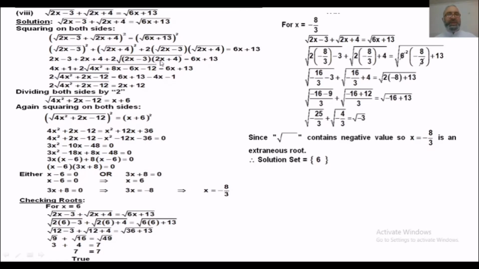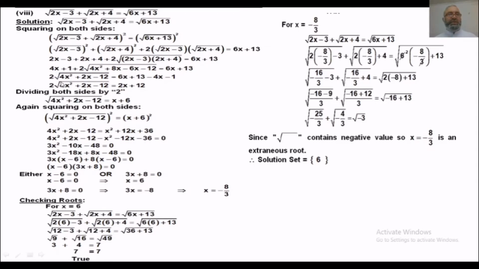Next we get 2x plus 2x, 4x, minus 3 plus 4 plus 1, plus 2 into the product of this term. If we multiply these two terms, we get 4x square plus 8x minus 6x minus 12 is equal to 6x plus 13. Again simplifying 4x plus 1, transform this to the right hand side and separate this radical term.